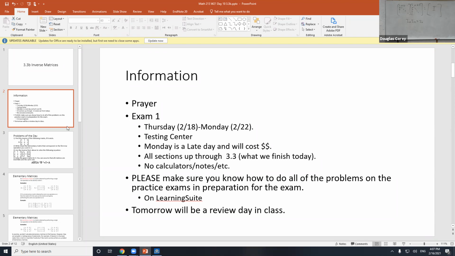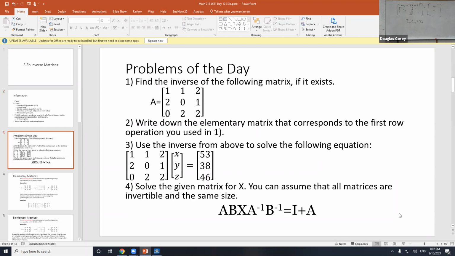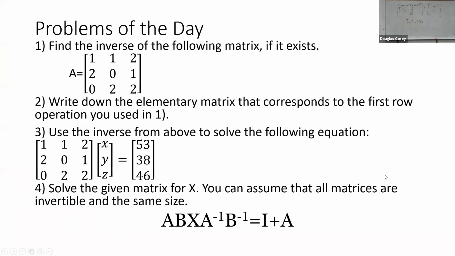Okay. Let's start off. We've got 4 problems of the day. First one is find the inverse of the following matrix. So you should have had some practice in doing this for the WebAssign. Number 2 is write down the elementary matrix that corresponds to the first row operation you used in number 1.